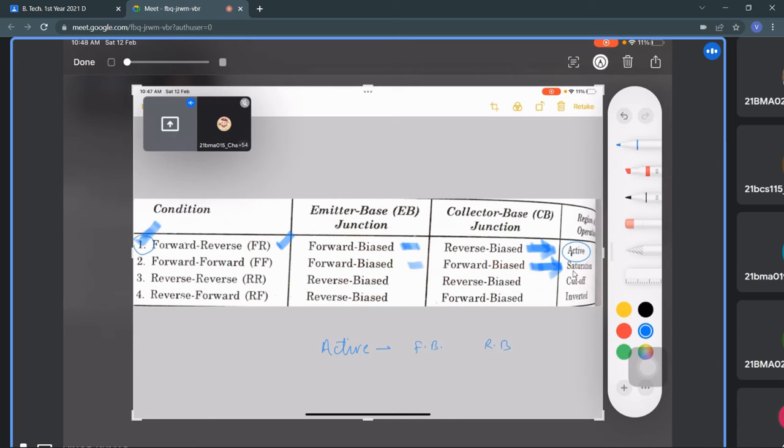This is also called as linear region of operation. Active means we can use the transistor as an amplifier in the active region or the linear region. This is the most important thing. Okay, do you know what is amplifier? Hello, amplifier पता है?